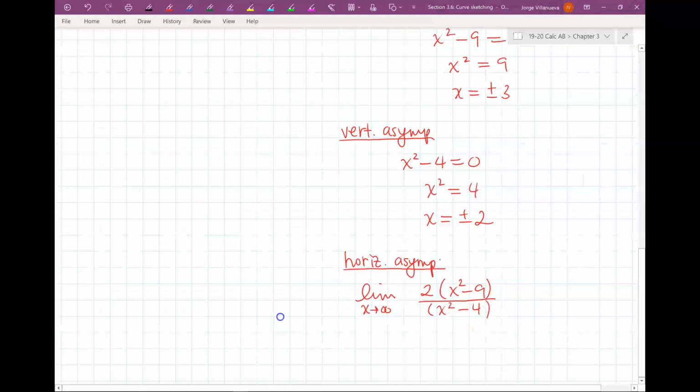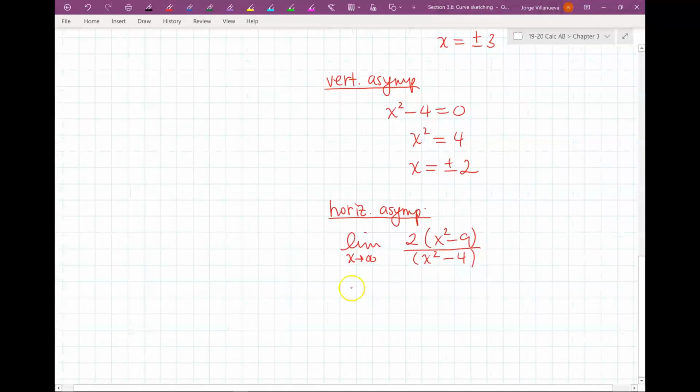Okay, now some people like to distribute the top portion, so it'll look like this. Limit as x goes to infinity of 2x squared minus 18 over x squared minus 4.